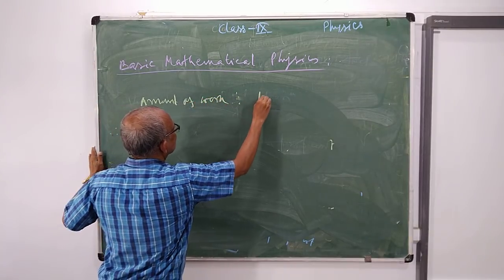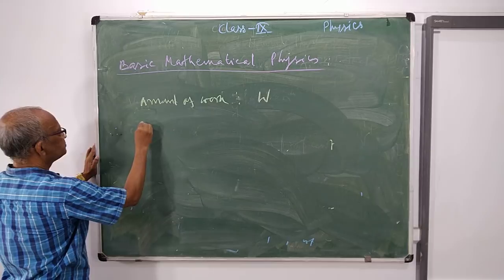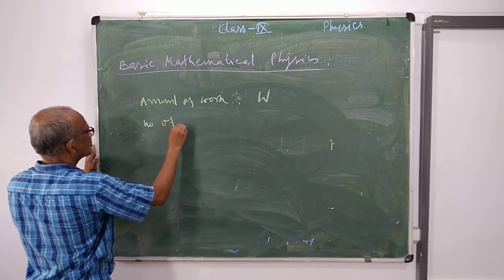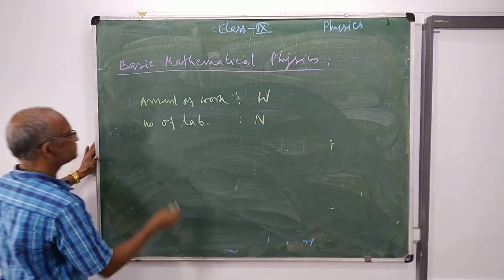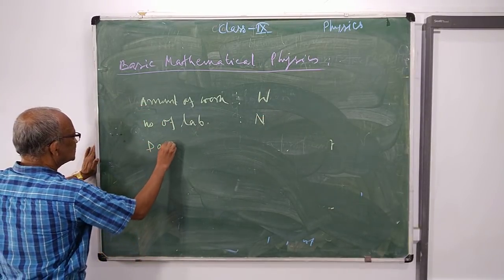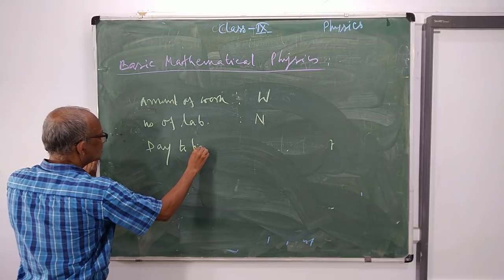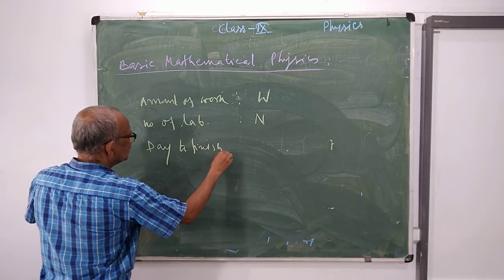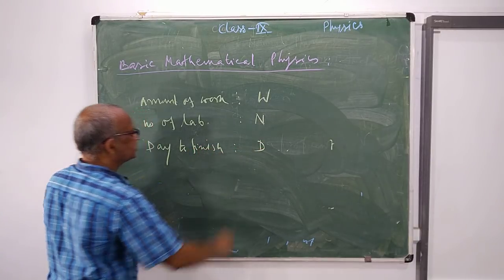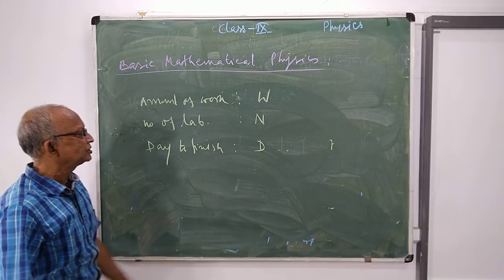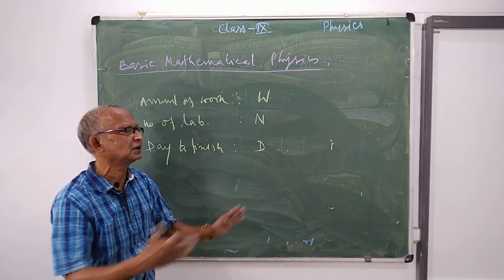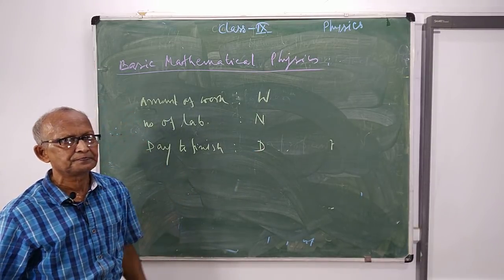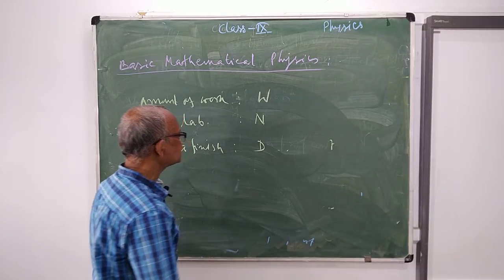Amount of work, let it be W. Number of labors N. Days to finish the work is D. So here three variables are there. They are interrelated.